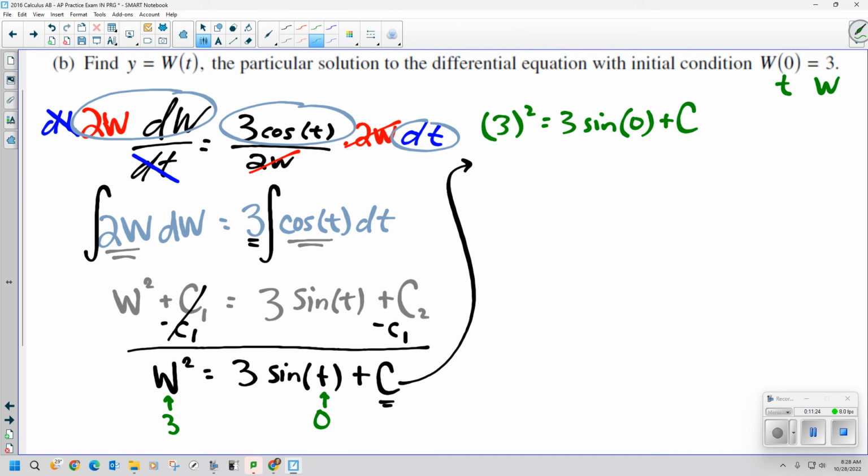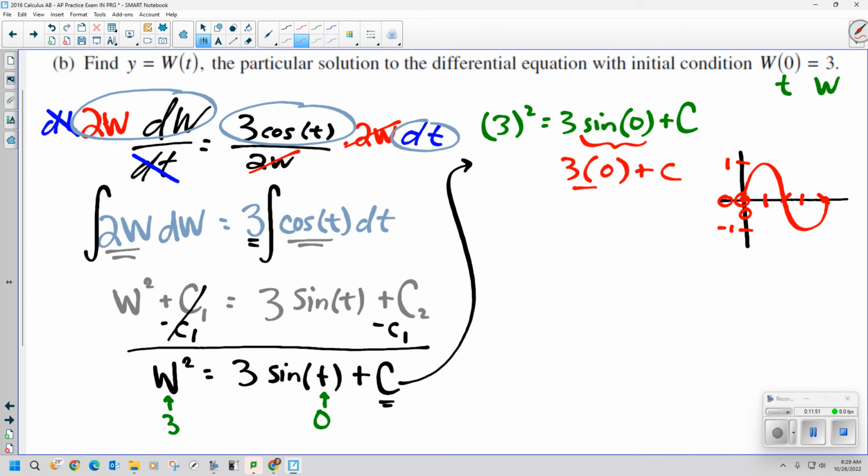If you know your graphs of sine and cosine, or you know the unit circle, the sine of 0 is 0. 90, 180, 270, 360. It comes up to 1, down to -1. So the sine of 0 is 0. 3 times 0 plus C, this is 0 plus C, which is just C. And 3 squared is 9.